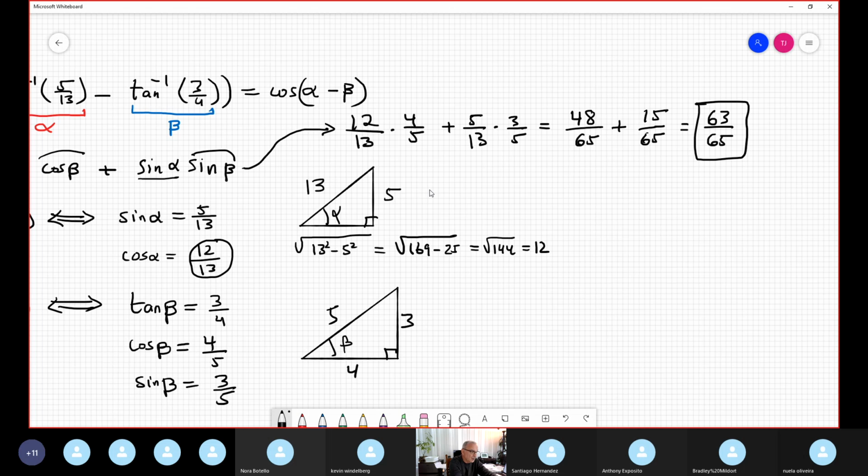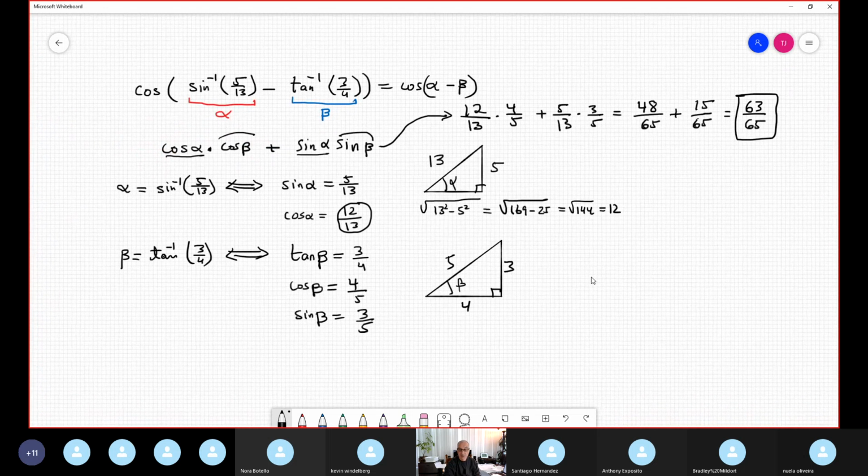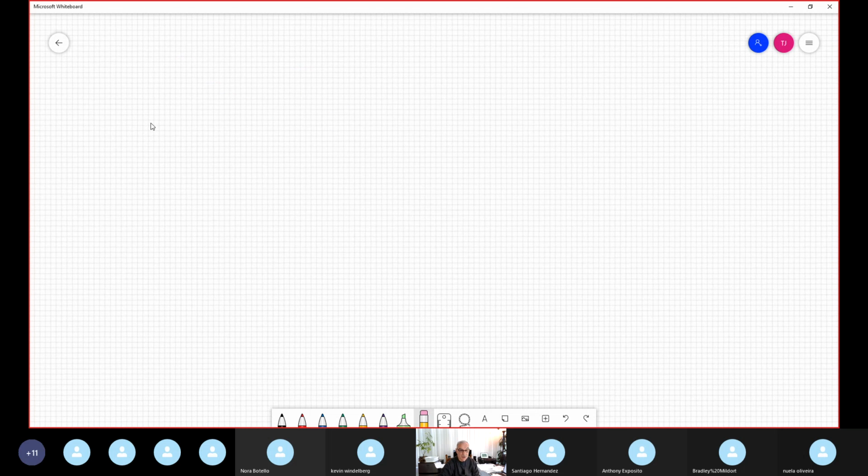But okay, so I have another kind of problem, similar, but a little bit different, in which the objective is a little bit different. Let me know if I can erase the board or not. You can, Professor. Okay. Sometimes it happens in calculus that you manipulate and you have a trigonometric expression.